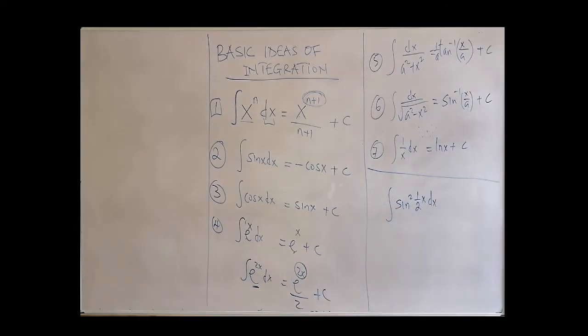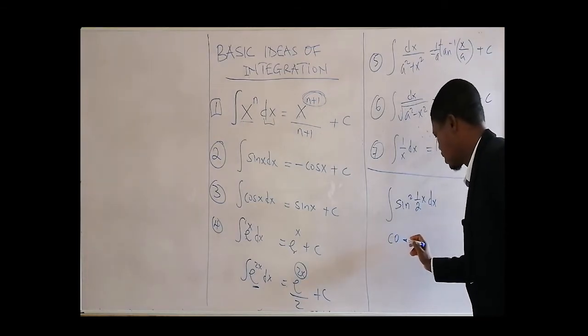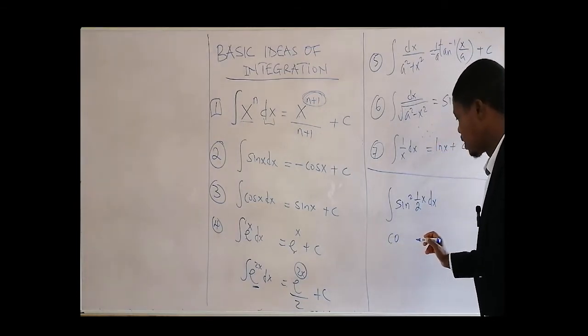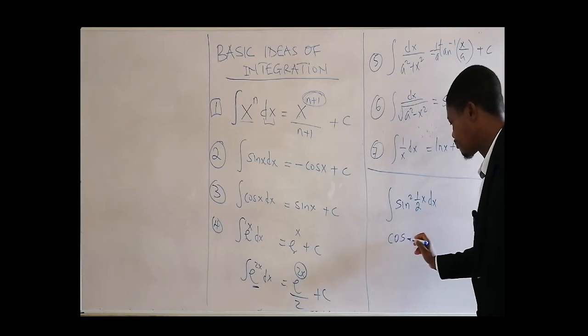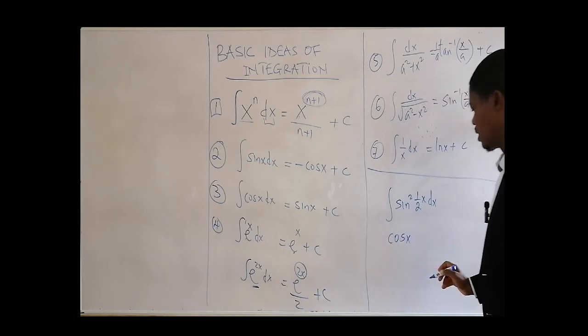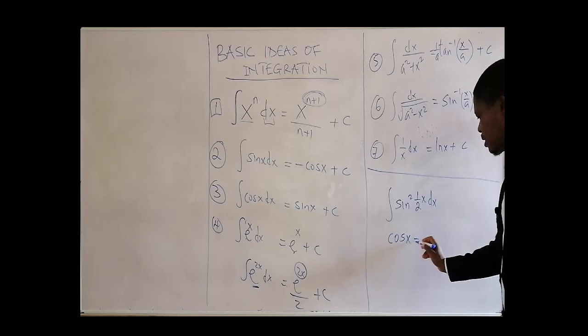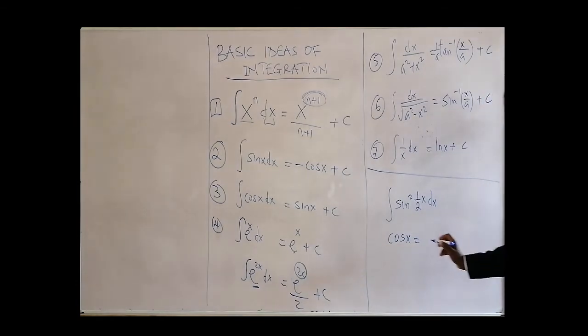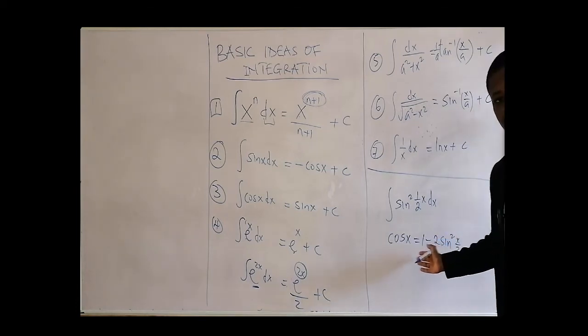So what we can do now is look at this. Let's say we have cos x is equal to 1 minus 2 sine squared x over 2, or 1 over 2 x. We're given this identity in our half angle and double angle.